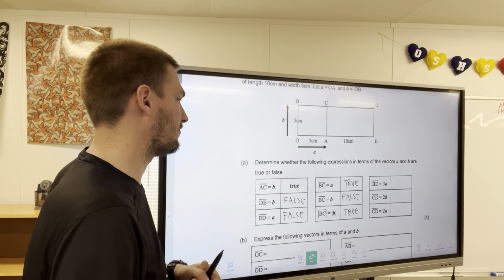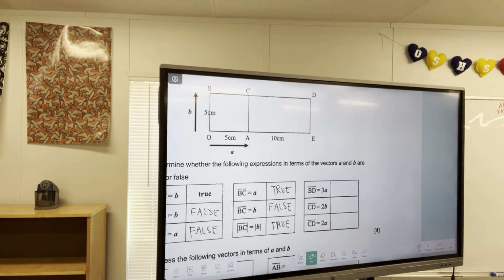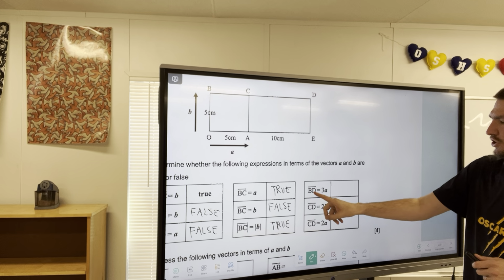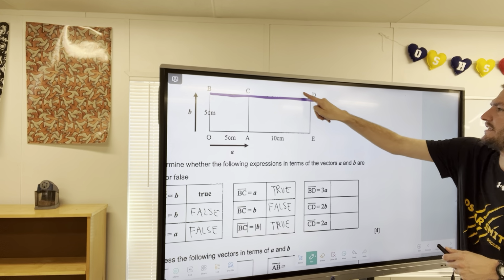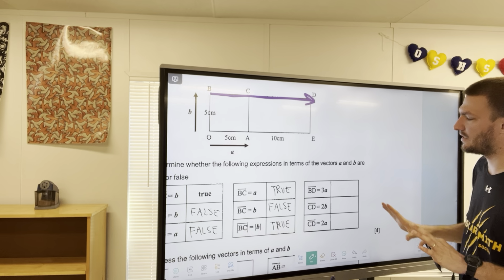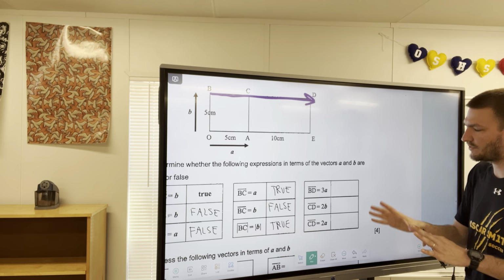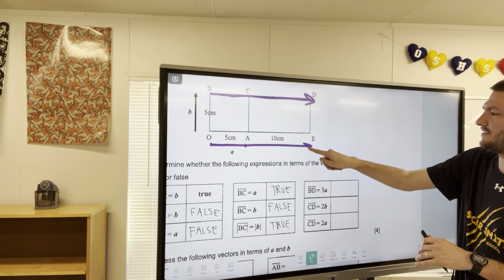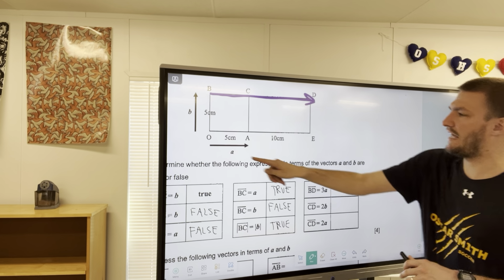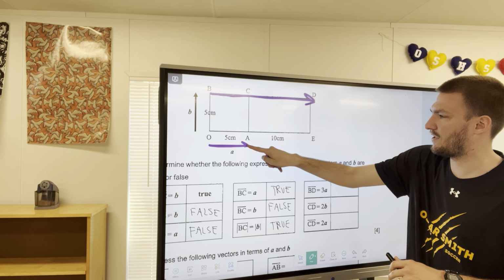The direction is still important, but this 3, which is a scalar multiple, is not going to be changing our direction at all. So we still need to think about, could BD, which is from here to here, direction does matter, be the same as 3A from here to here. Now A right now is only this far.